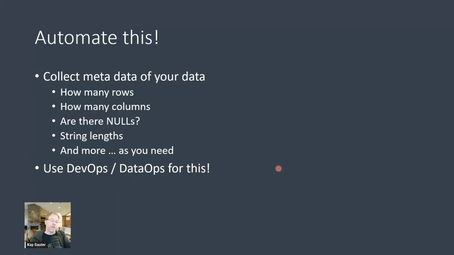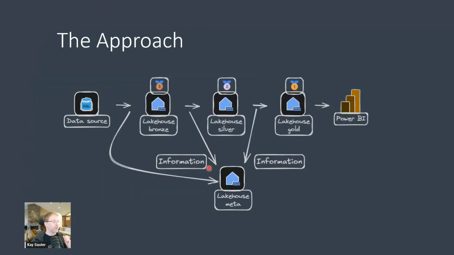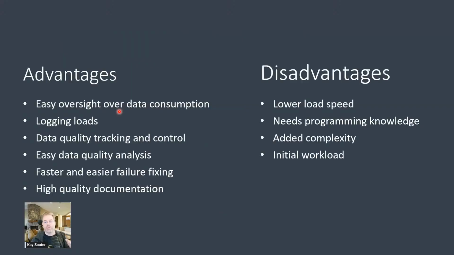So if we read something into the stage, let me go back here, and we realize we have fewer columns than we actually wanted to read, or even more, so suddenly a CSV file got broader than it used to be, then we can get errors here. It's also a common problem.